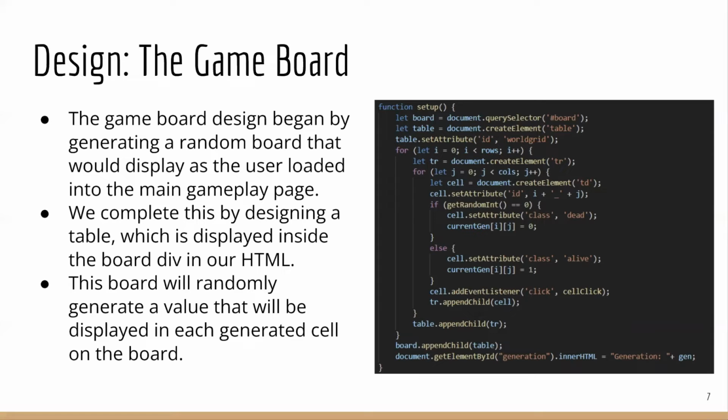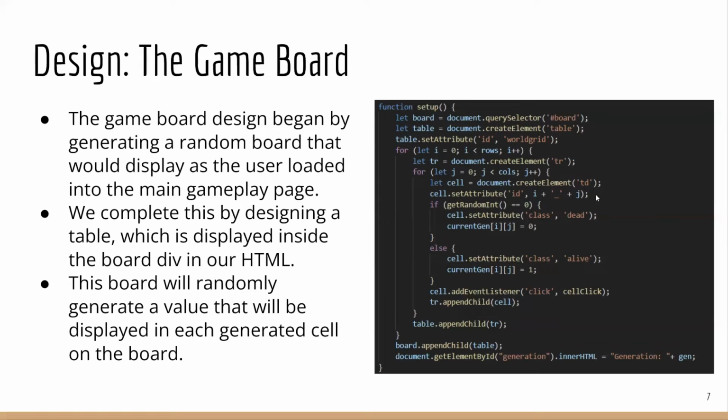So to break this down a little bit more so you can see how it works, we have this setup function, which is called at window load through our JavaScript, where we query this board div by its ID. We create a table inside this board div, where we then create rows, and inside those rows create columns, which makes a cell.